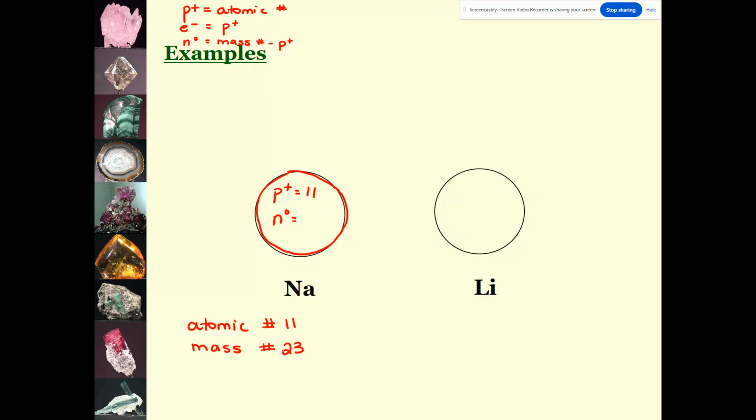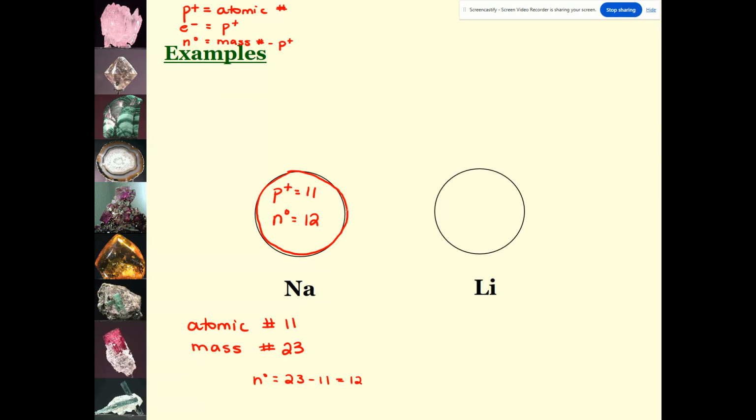If the mass is 23, remember to find neutrons, I take the mass and minus the protons. So my neutrons, I'll just do a little calculation down here, is 23 minus 11, which gives me 12. So in my nucleus, I'm going to write beside my neutrons that there are 12 neutrons inside the nucleus.